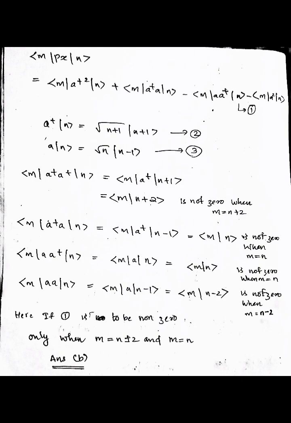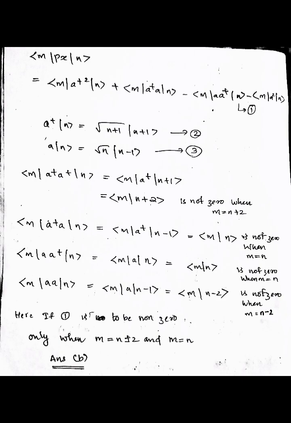And this is not 0 when m is equal to n plus 2. In the second term, <m|a†a|n> is equal to <m|a†|n-1>. Here also ignoring the constant, this is equal to <m|n>, and this is not 0 when m equals n.